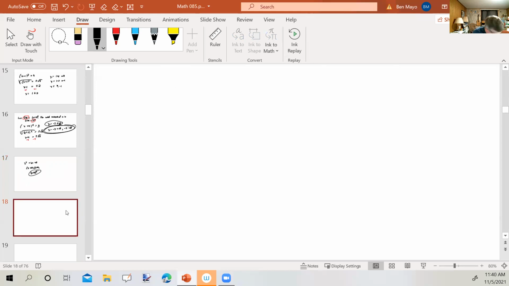Suppose we have the following, x squared plus 24x. If I want to manipulate this expression and turn it into a perfect square trinomial, I use the following process. I take the coefficient of x, so that's the 24. I divide it by 2.